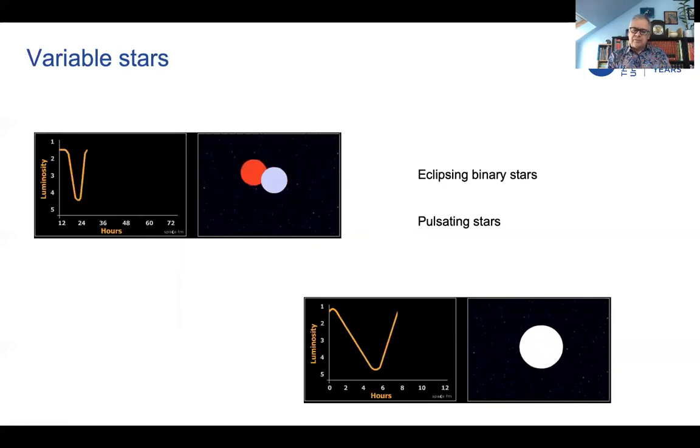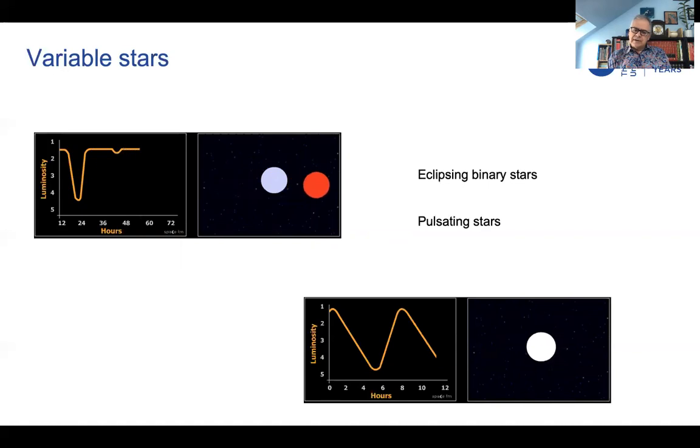And if the stars have different brightnesses, as in the example shown here, we get a fairly characteristic light curve that repeats in a regular manner, with first a deep primary eclipse, as we call it, and then a shallow secondary eclipse. And that repeats periodically as the two stars orbit each other with this regularly repeating motion. And that orbital period of the two stars could be as short as a couple of hours, or even less in some cases, up to many days, months, or even years.